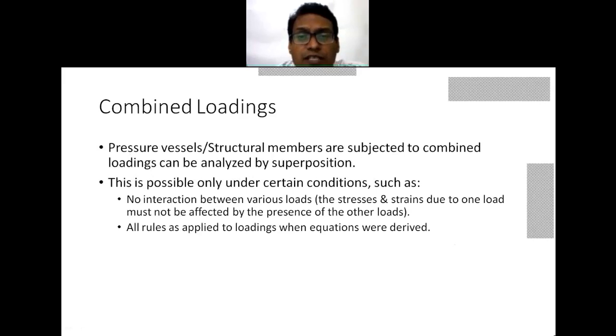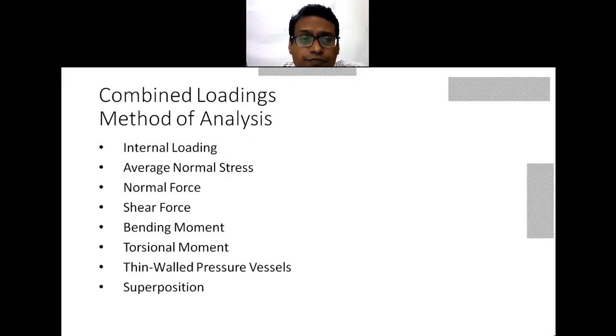So pressure vessels or structural members are all subjected to combined loading, and for that purpose we are going to analyze. This is possible only under certain conditions, such as no interaction between the various loads. That means the effect of one load on the other is eliminated. So all these rules are applied to the loading when the equations are derived.